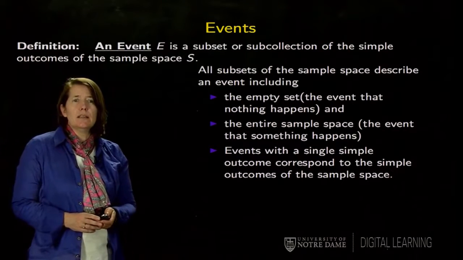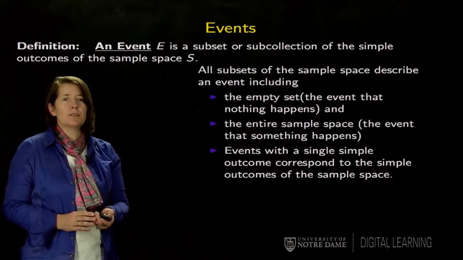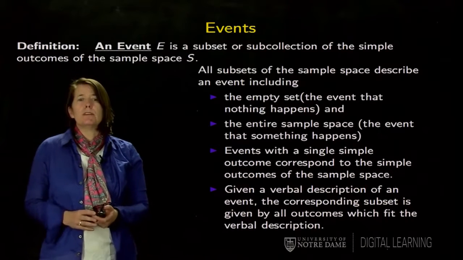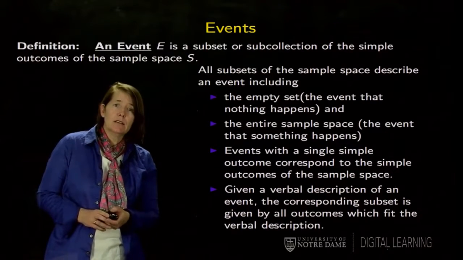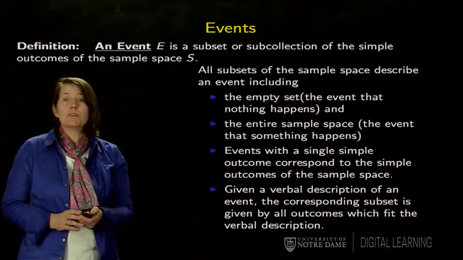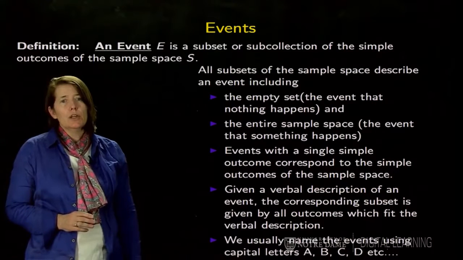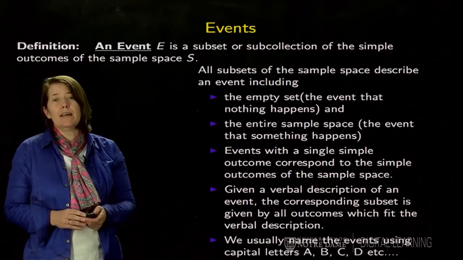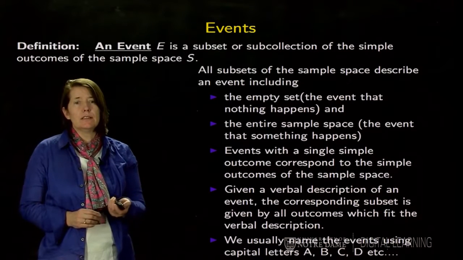Events with a single simple outcome correspond to a simple outcome of the sample space. And given a verbal description of an event, the corresponding subset is given by all outcomes which fit that description. We usually give names to events which are capital letters, as shown on the bottom of your screen, A, B, C, D, etc.